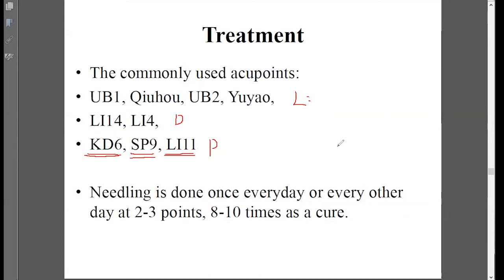Later on, when you do your case study, it's the same thing. Your points will match your treatment principle, so check how many aspects are in there. Then choose your points accordingly. Don't miss any part. For example, you may put only remove dampness, or add others, like the back-shu of the kidney to tonify, or stomach 36, or remove dampness.